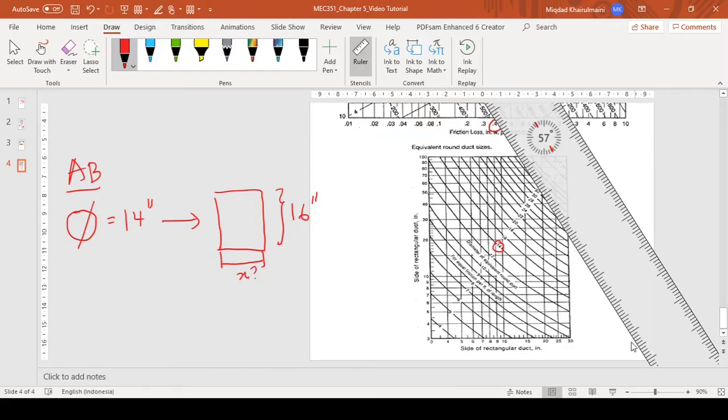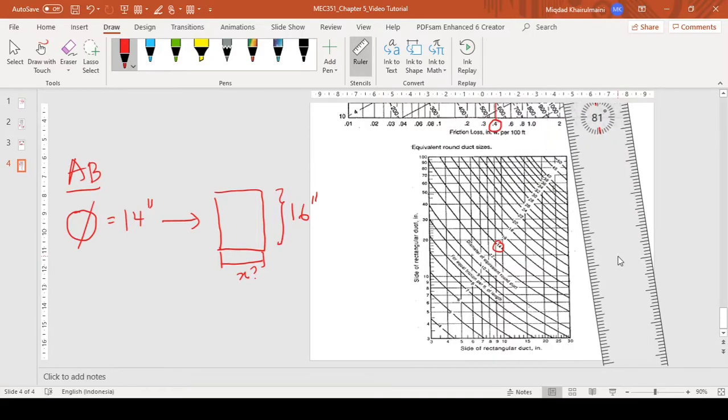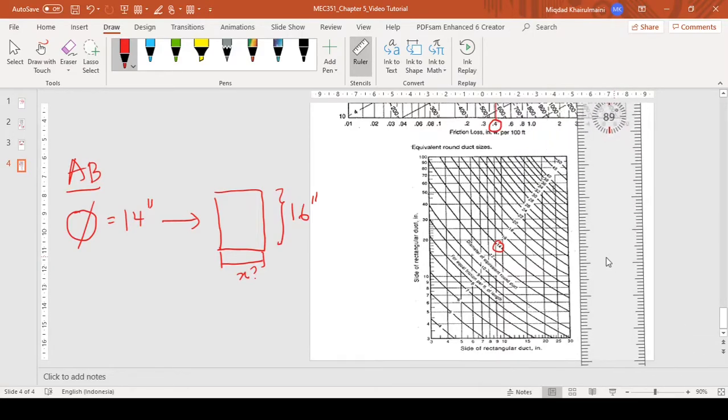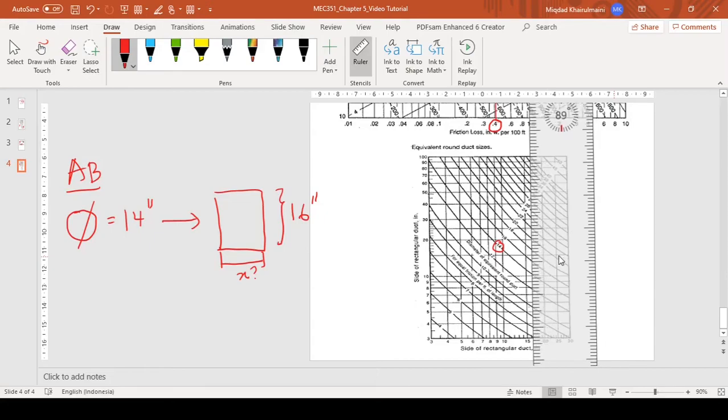So for maximum 16 inches, we can plot first. We look for 16 inch here, and we can draw the straight line to 14 inches here.